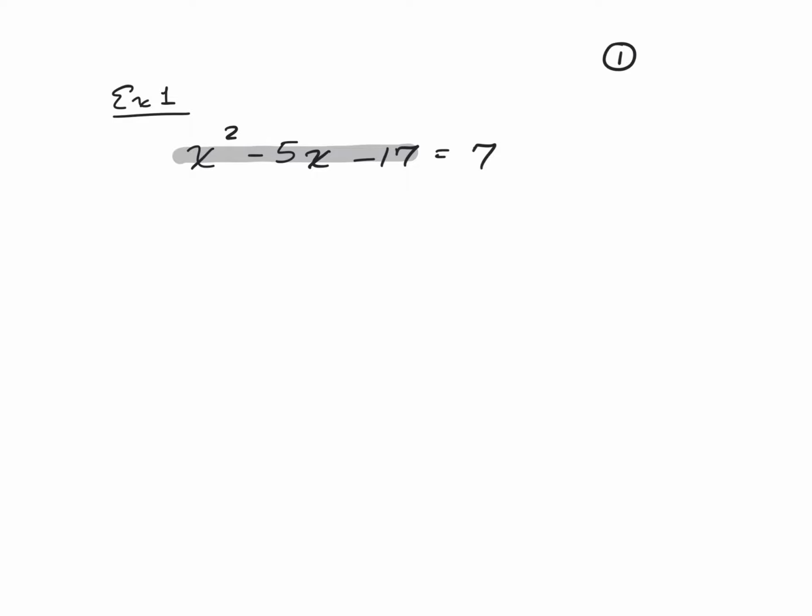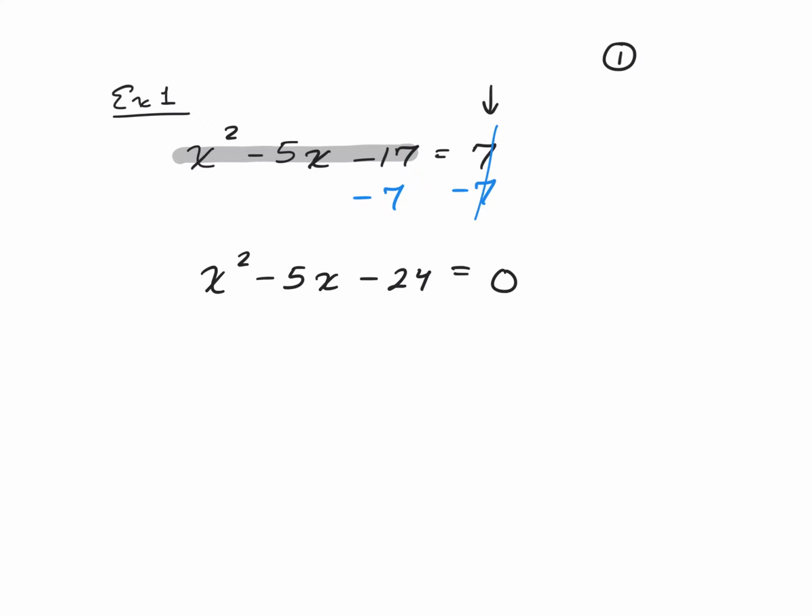I'm not going to get rid of anything on the quadratic side; I'm going to get rid of the 7 on the other side. 7 minus 7 makes 0. Remember, when you add opposites, they make 0. And then I subtract 7 here. Now this is x squared minus 5x minus 24, and that is equal to 0. Don't get rid of the 0; it's important that you say it's equal to 0.